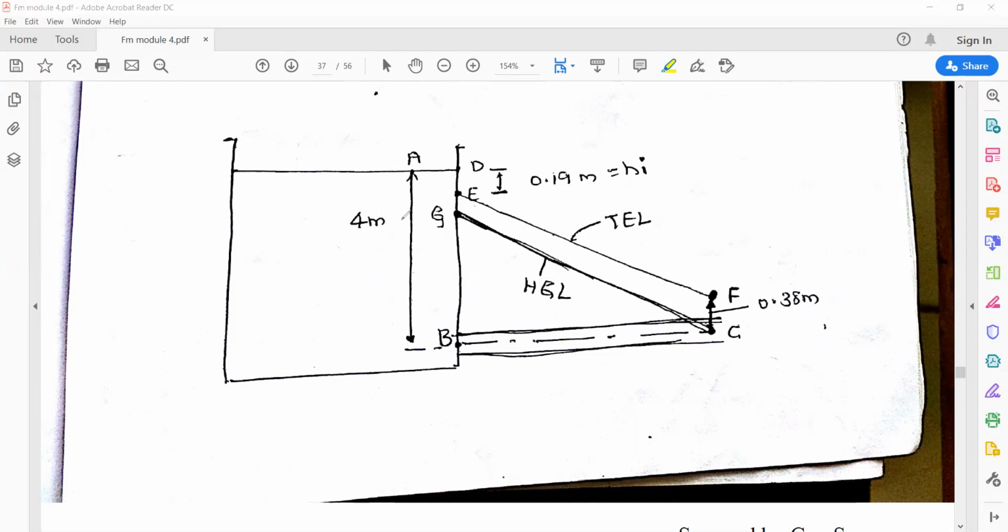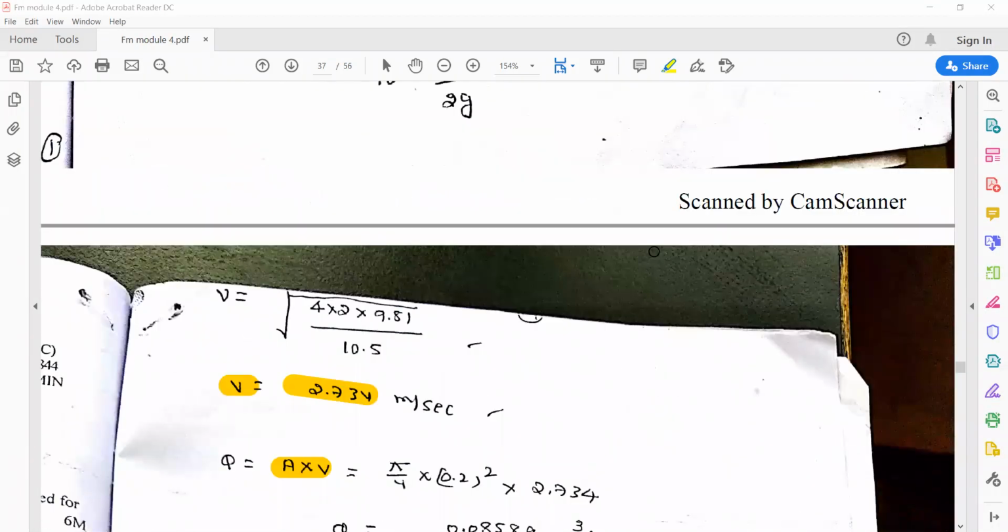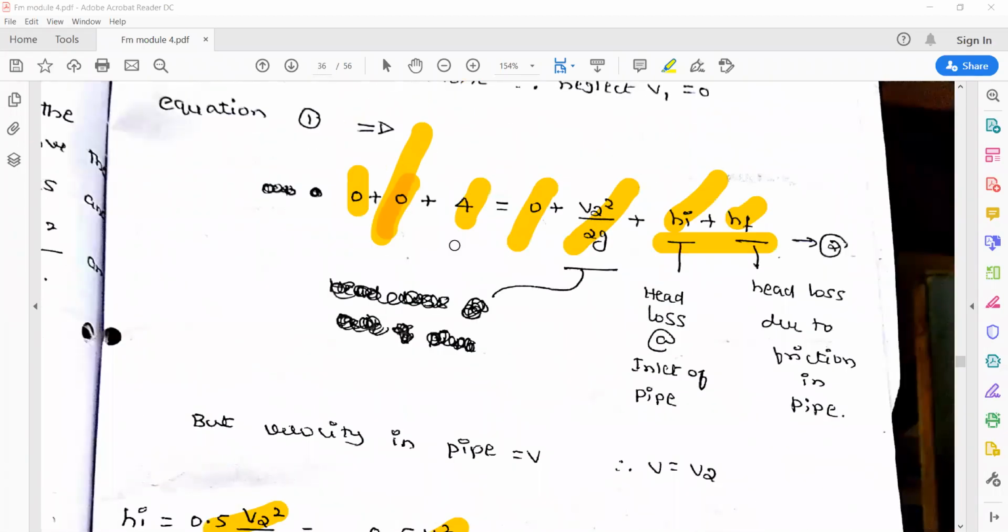But P by rho G is 0, as we have already discussed, because it is exposed to atmosphere. And V1 square by 2G at section 1 is also 0, plus 4.